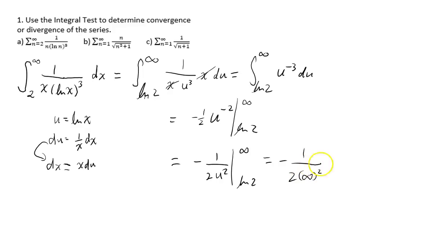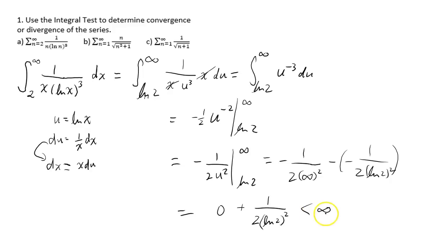Well, that's still going to be infinity, so this part will give us 0. Minus negative of 1 over 2 times ln of 2 squared. This will be 0 because it's 1 over infinity, and negative negative is plus, and therefore the integral value is 1 over 2 times log 2 squared, which is a finite value.